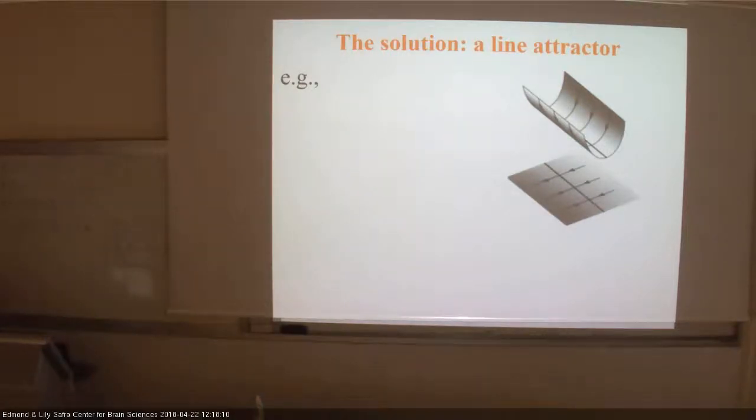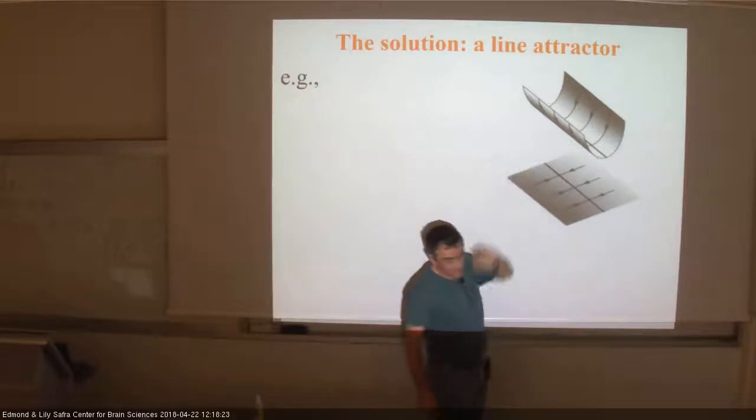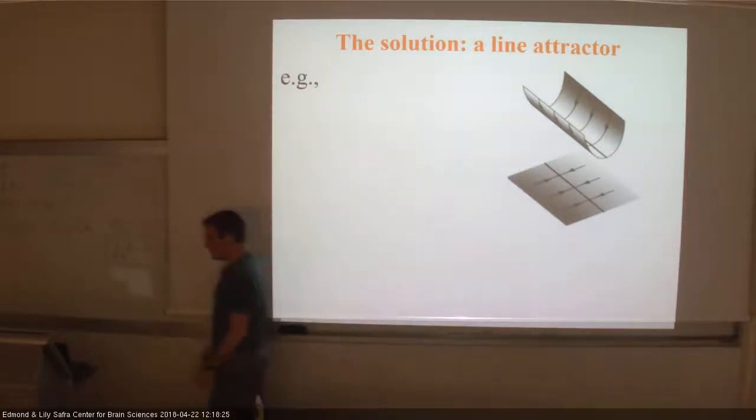This is not a generic solution that we find in nonlinear dynamics. You need fine-tuning in order to generate something like this, in order to generate a line attractor.